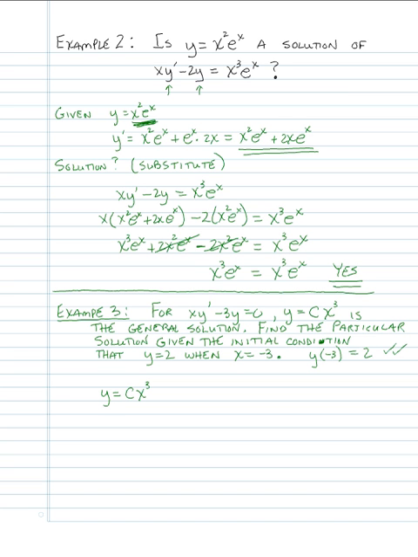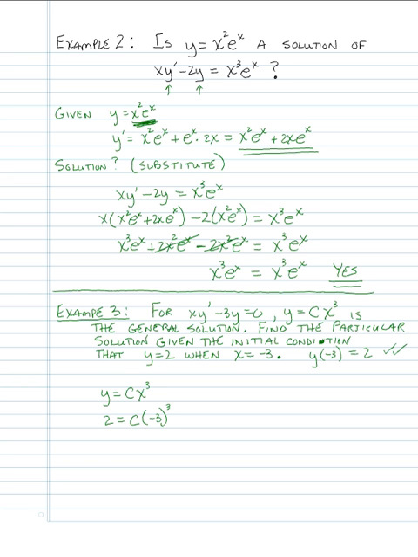Well, that simply means that we replace y with 2 and we replace x with negative 3, and that statement has to be a true statement, because that's the condition that has to be satisfied.